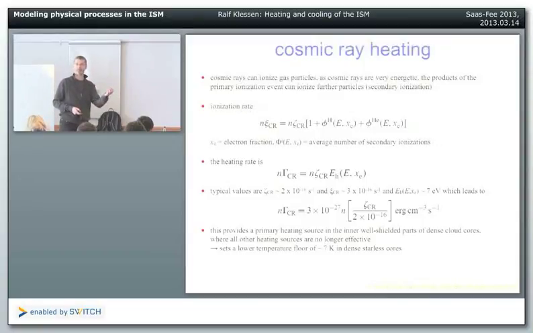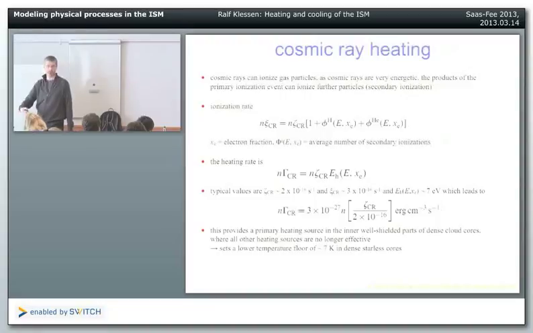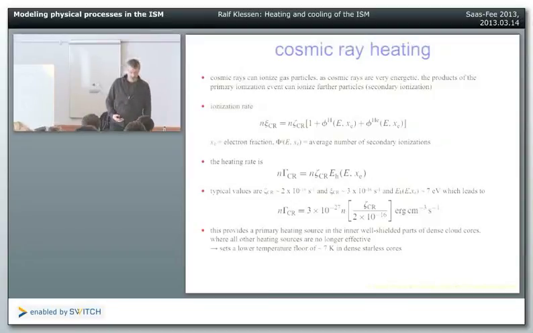So one cosmic ray can ionize effectively quite a number of atoms or molecules. So secondary ionization rate with hydrogen, with helium, you can plug that all in. Typical numbers are then this, 10 to the minus 27 erg per cubic centimeter per second. This is important because cosmic rays can penetrate deeply into the cloud and can provide heating rates in the highly extinct parts of clouds where other sources fail.